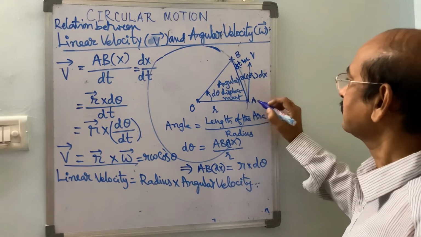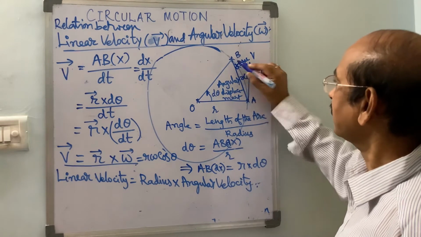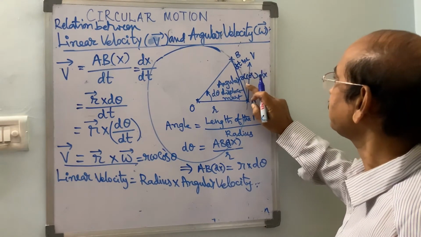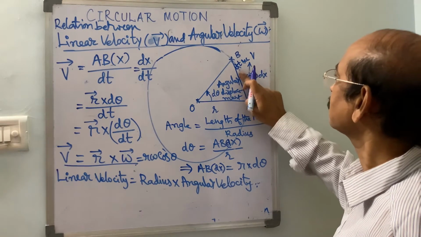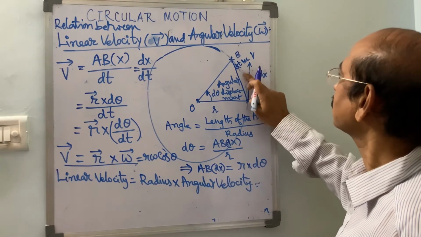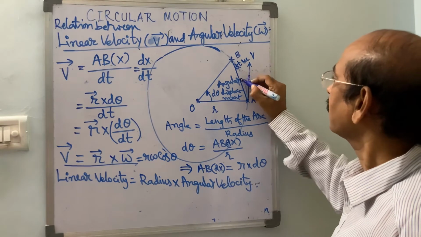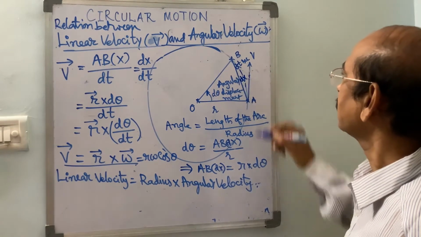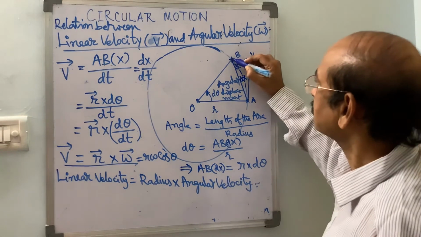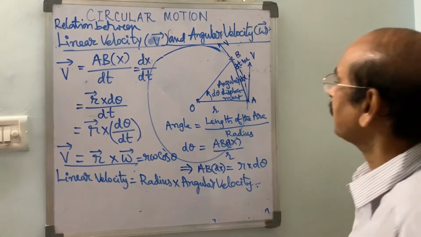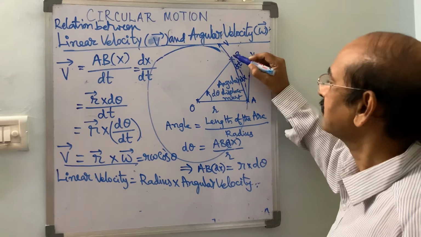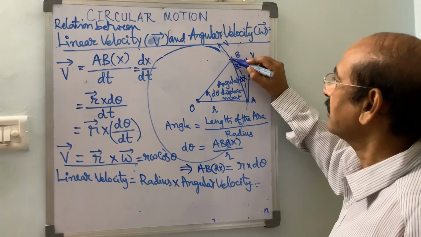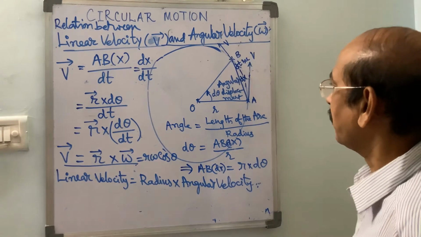Then the length of the arc AB is equal to dx. Speed v always acts along the tangent at a particular instant of time at that point.